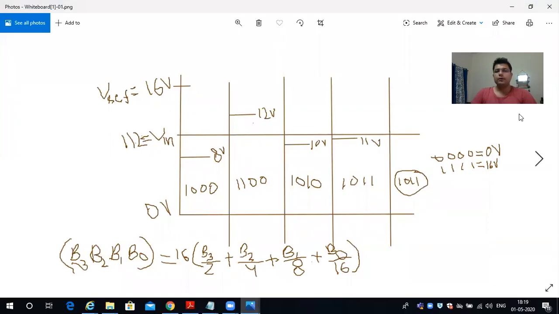Here I will make you understand the successive approximation algorithm through a 4-bit successive approximation algorithm. In LPC1768, the successive approximation algorithm requires 12 bits.